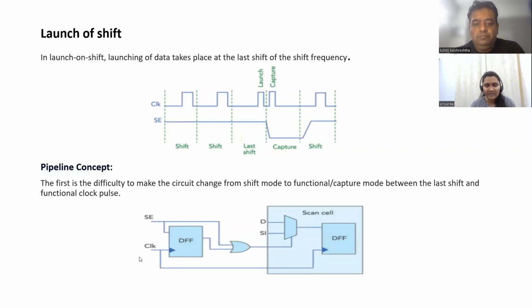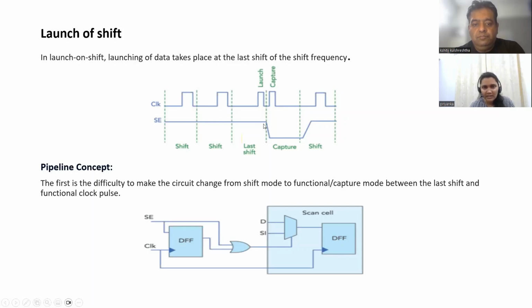Whenever the scan enable signal is 1, we are getting the scan input, and whenever the scan enable signal goes low, we are getting the D input. The launch is happening on the shift frequency and the capture is happening on the capture frequency. That's why we call it launch on the last shift of the shift frequency.